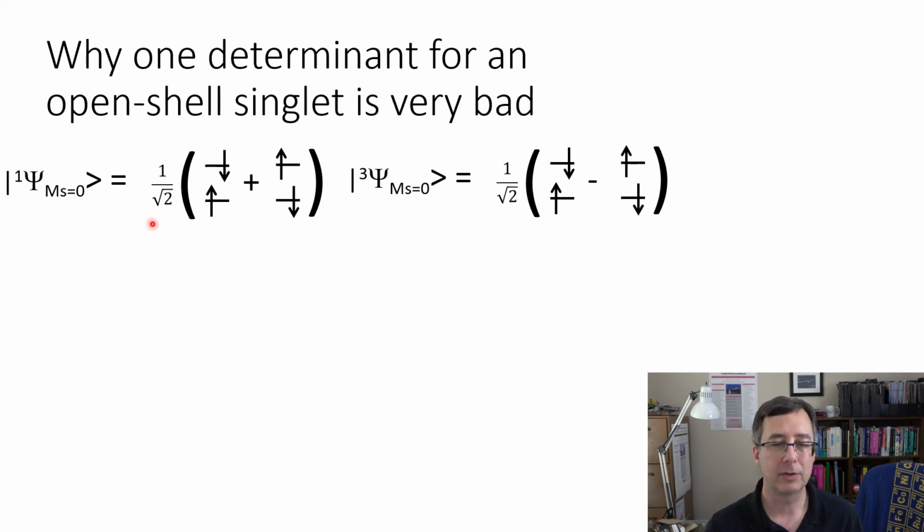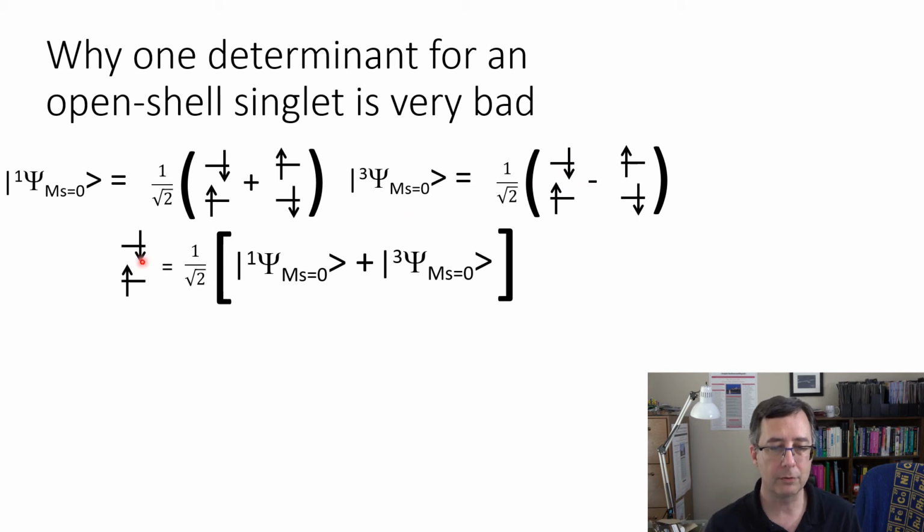Okay, so just recapping, here's my term symbol kind of notation. Here's a singlet with a 1 as a superscript on the left. The singlet looks like the plus, and the triplet looks like the minus, okay? So suppose you were desperate and you tried to do a calculation where you had something like this, where an alpha electron's in one orbital and a beta is in a different orbital and they have different energies, and you said, yeah, that's the best I can do.